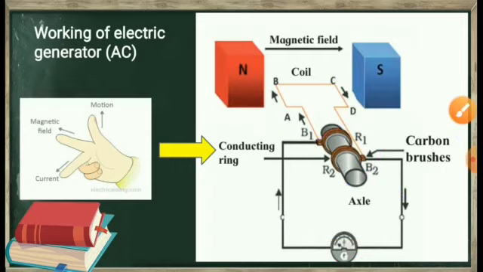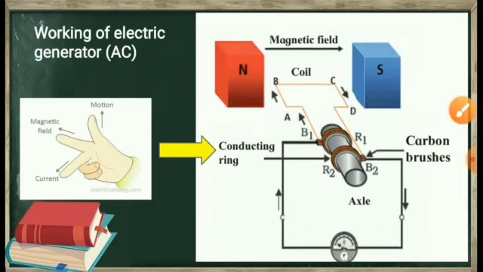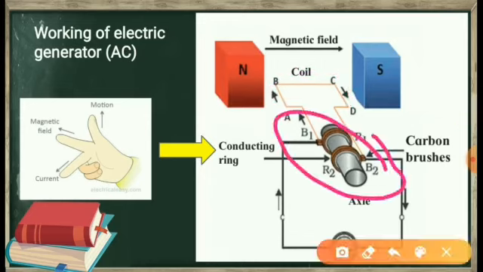Both rings are fixed to the axle, but there is a resistive coating in between the rings and the axle. The axle is rotated with the help of a machine from outside. Because of this, the coil ABCD starts rotating. The stationary carbon brushes, B1 and B2, are connected to the galvanometer, which shows the direction of current in the circuit.